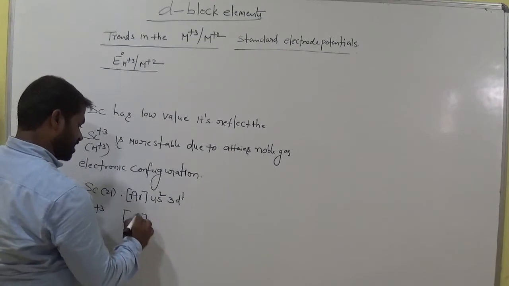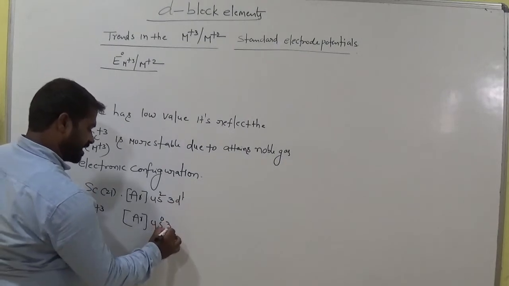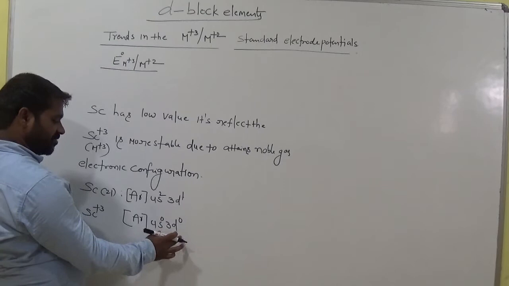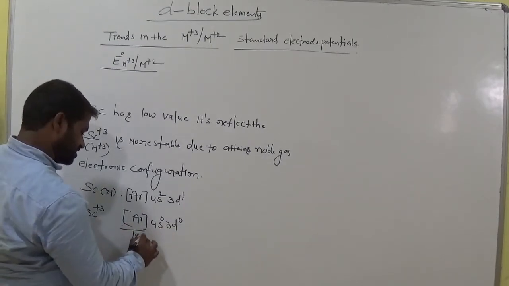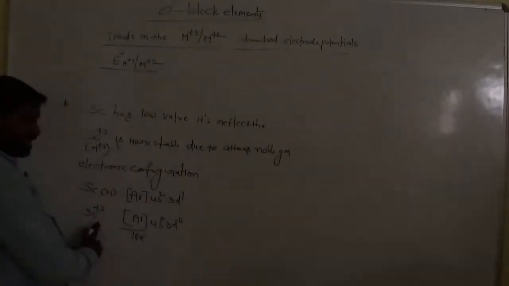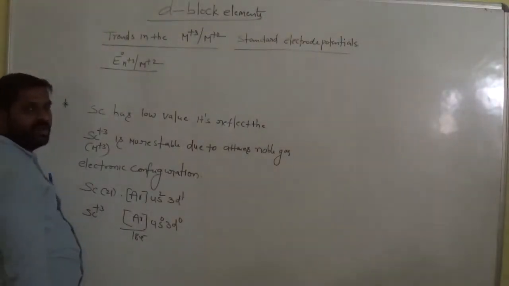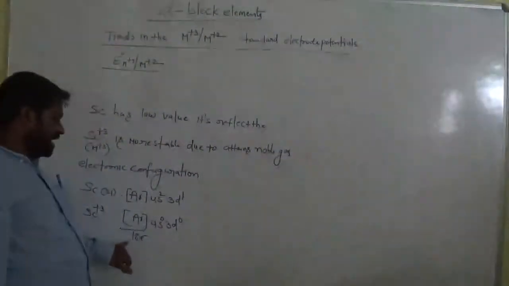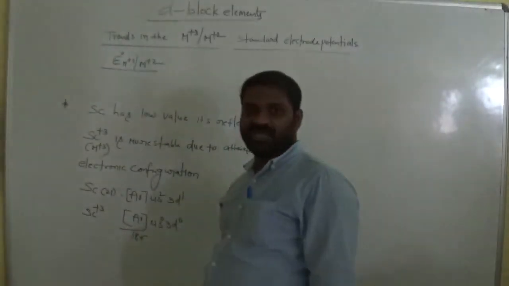That is argon 4s0 and 1 electron from 3d1 is also removed. So there is no electron in 4s and 3d. Argon is 18 electrons, so only 18 electrons are there in scandium +3. 18 electrons means noble gas electronic configuration, that is argon electronic configuration.